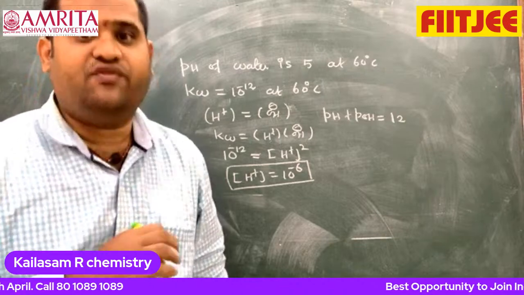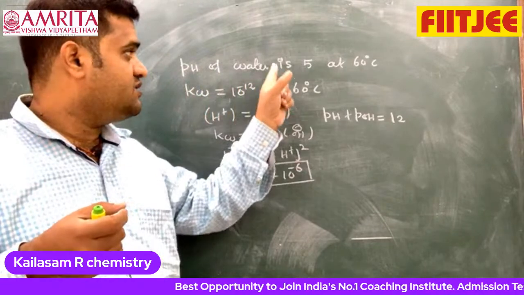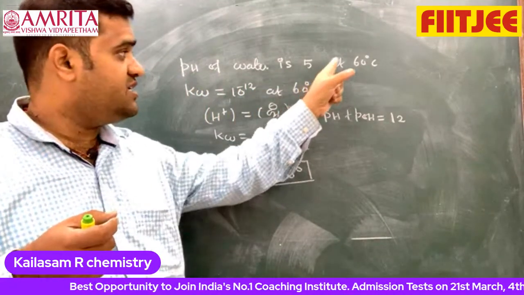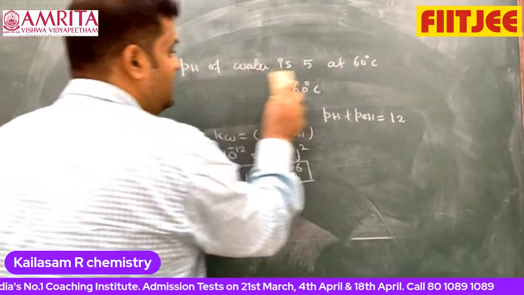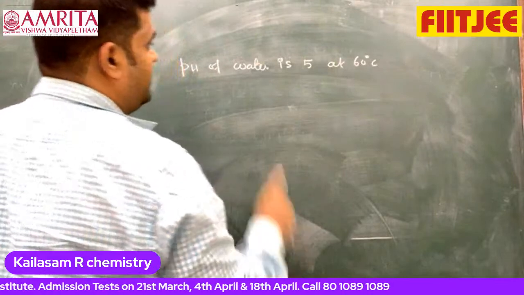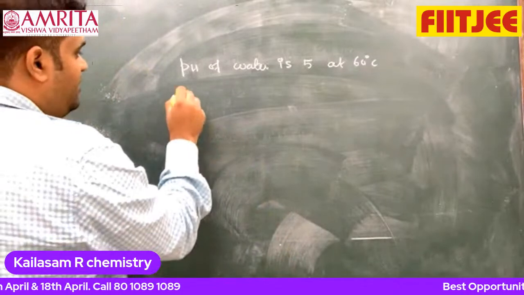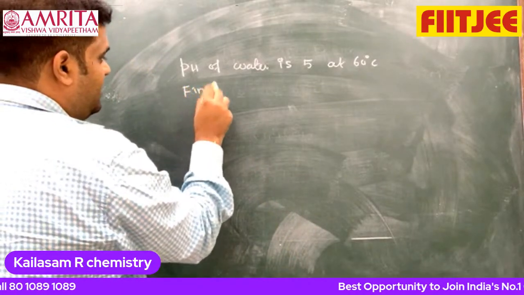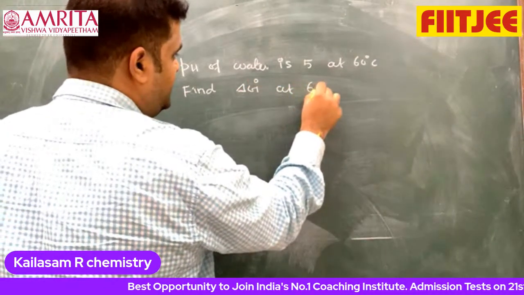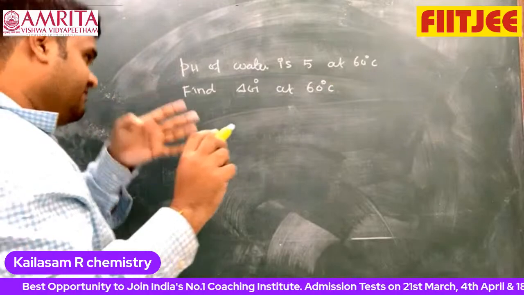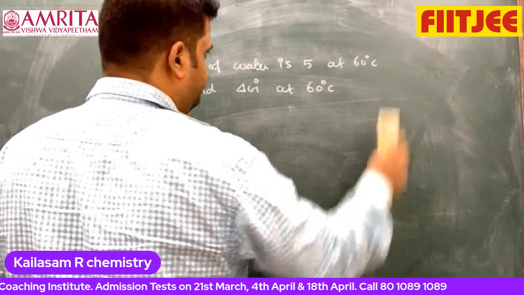Even from my side, they may say the pH of water is 5 at 60 degrees Celsius, and they may ask you to find delta G naught. Rather than 60, I'll make one question.